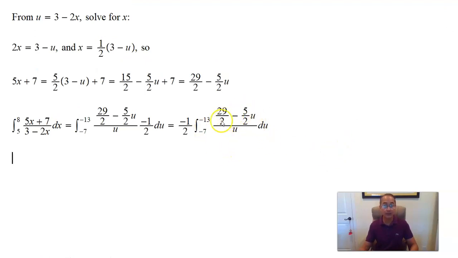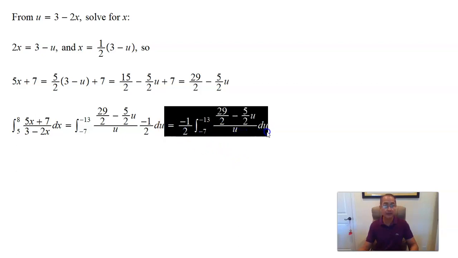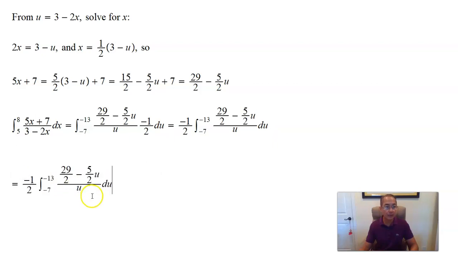In other words, distribute this divided by u to the two terms. So we'll get 29 over 2u, or we can just write that as 29 over 2 times 1 over u. And then the minus 5/2 u over u, that will just be minus 5/2.